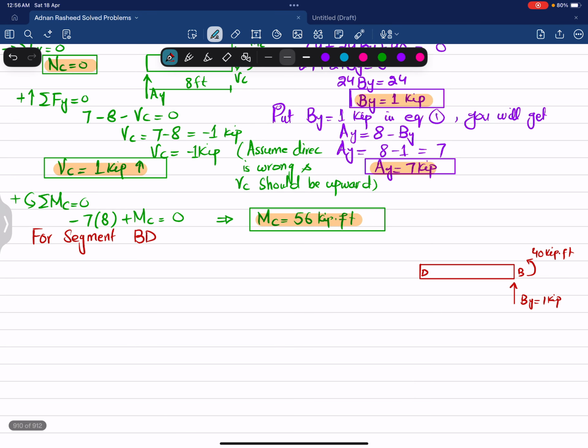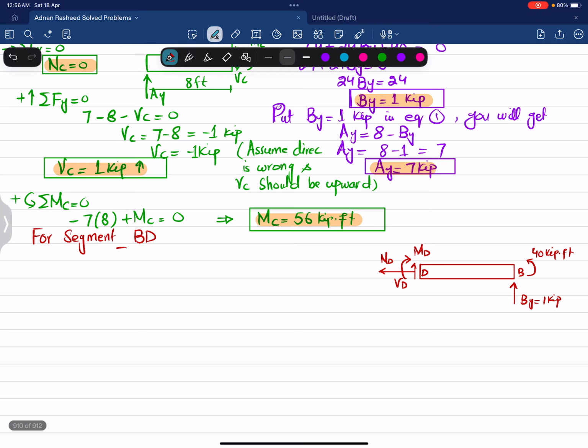And when you cut it at point D, so you will be having normal axial load which will be ND. So you will be having a shear force which is VD taken upward on this section, and there will be a moment that will be MD that is taken as clockwise by convention on this right side section of the beam. Now we'll find this one by one.